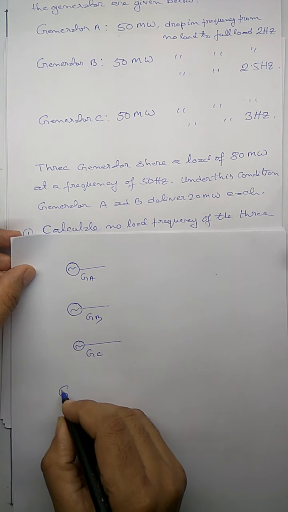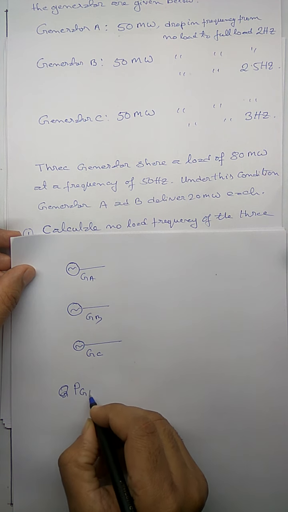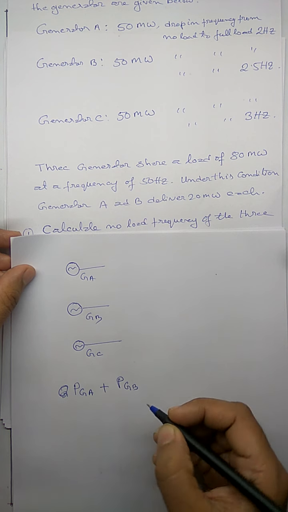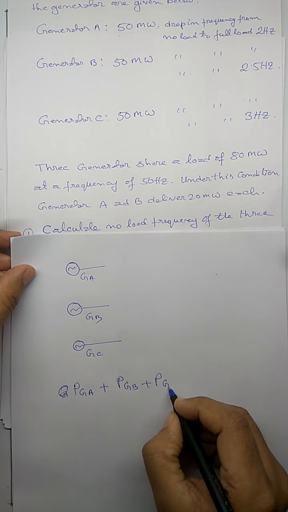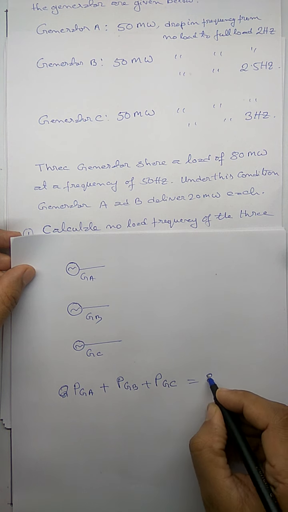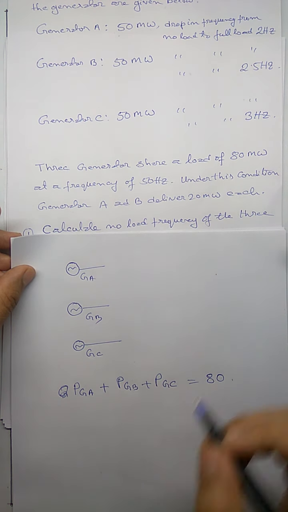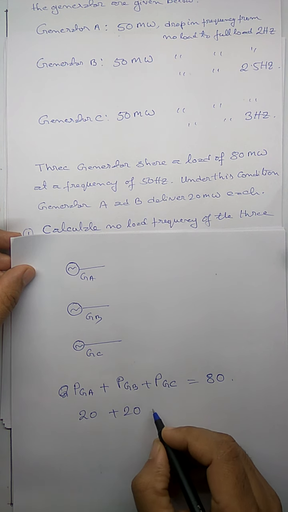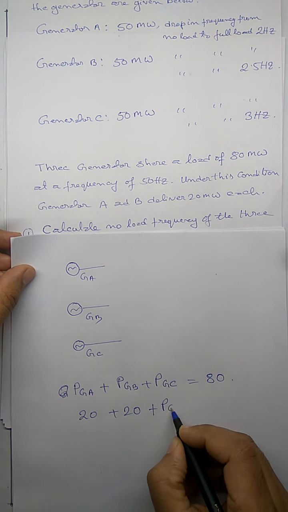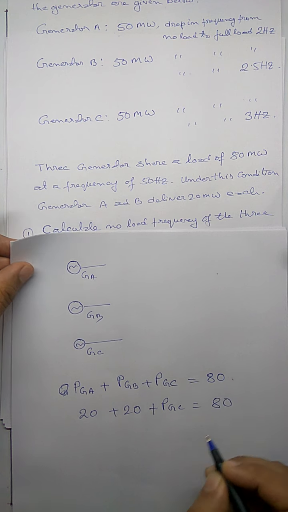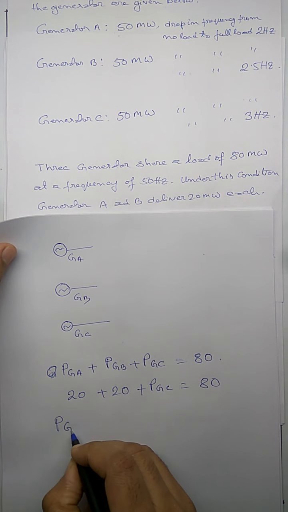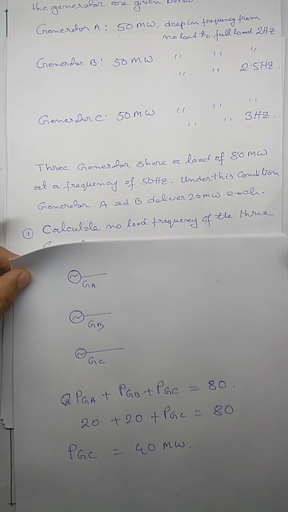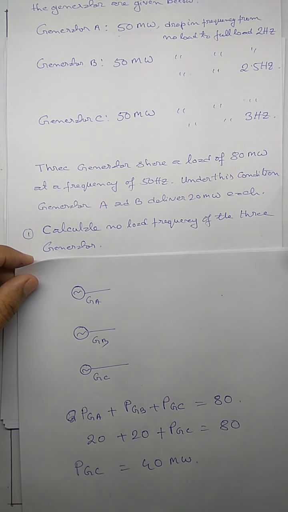It means that power from generator A plus power from generator B plus power from generator C is 80 megawatt, and out of this this is 20 plus this is 20, so power generated by generator C is 40 megawatt.